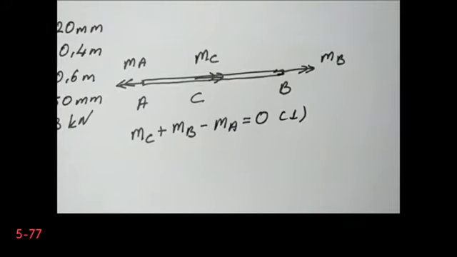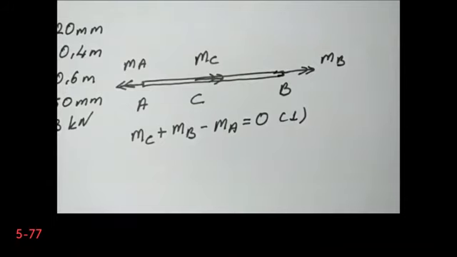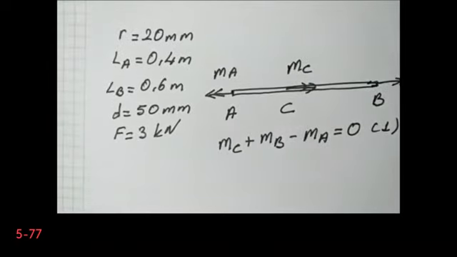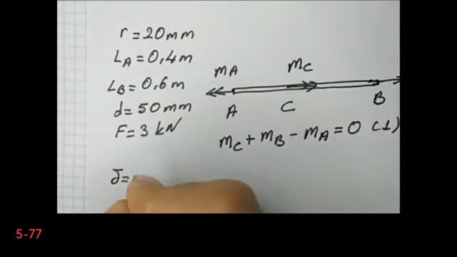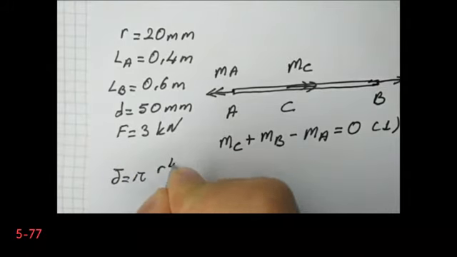Now there is another quantity. I need to calculate the polar moment of inertia, J. So remember that R is 20 millimeters. J is equal to pi R to the power 4 divided by 2.